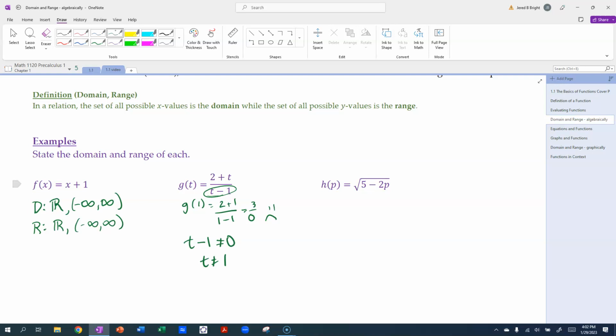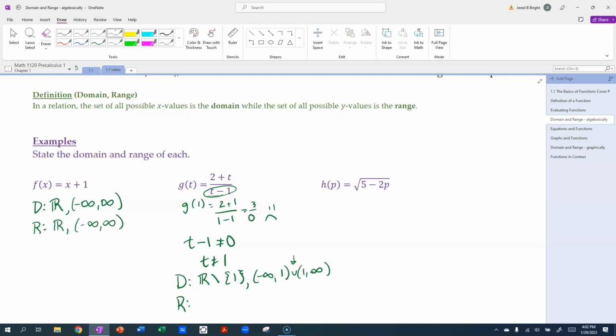So in this case, when we look at the domain, it is going to be all real numbers except, and you do a forward slash for that, except 1. If you were communicating this in interval notation, it would be minus infinity to 1, with a boundary, union, because we have a second interval, 1 to infinity.